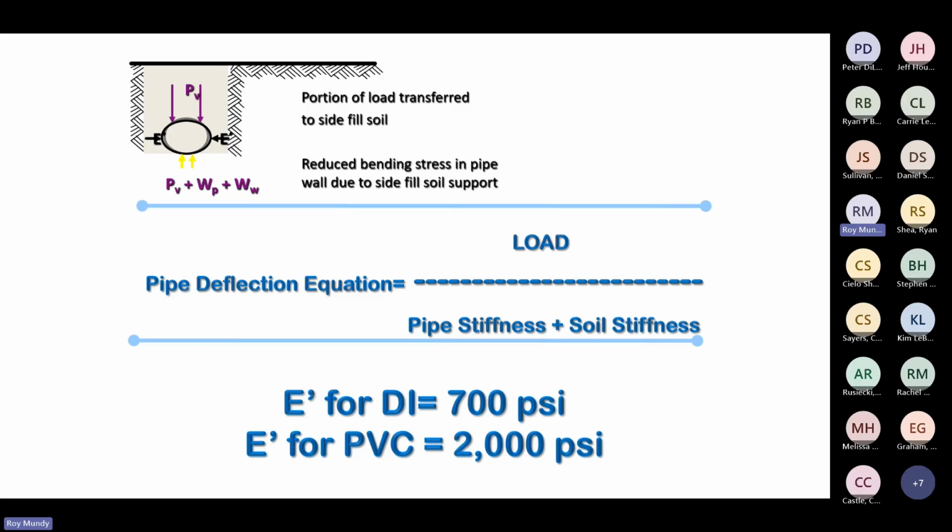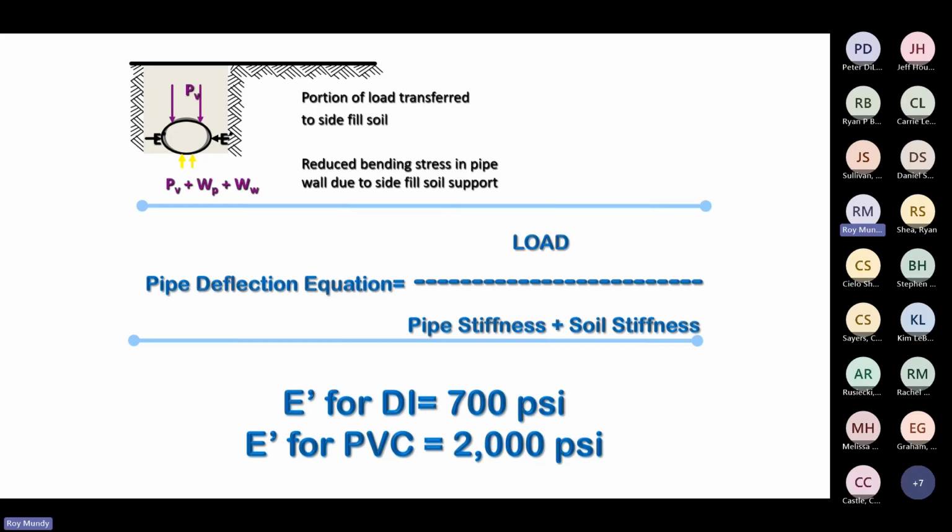Then anytime you get beyond that acceptable standard, you are looking at potentially either the pipe starting to leak at the joints because of deflection of the spigot going into the bell, or even failure of the entire pipe itself.